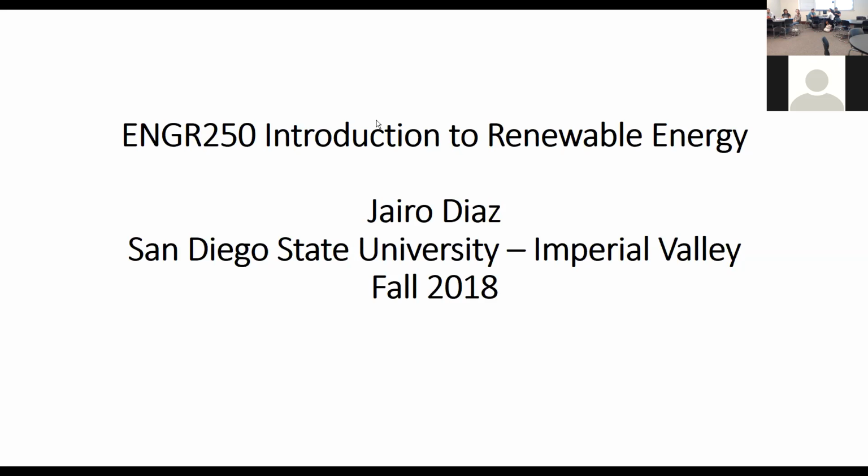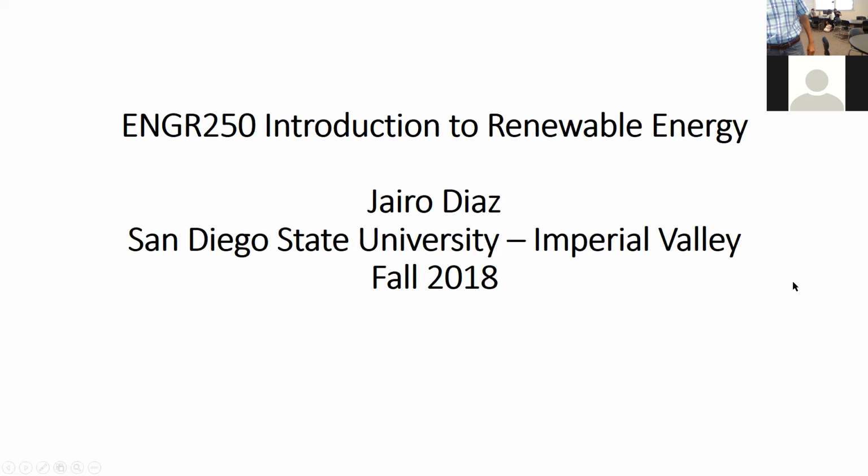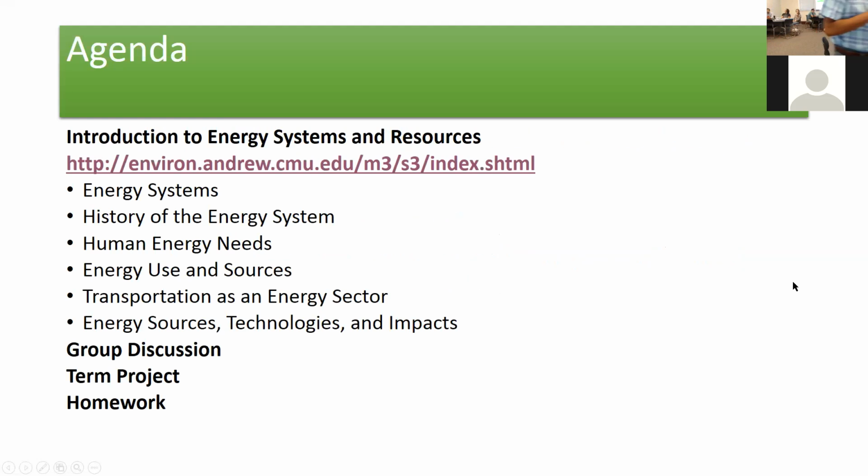Let's go through our class for today. It's gonna be an introduction to renewable energy. This is what we are gonna discuss today. We are gonna go through a background about energy systems, the history of the energy system on Earth, our human energy needs, energy uses and sources, transportation as an energy sector, and also a review of technologies and the impact of each of those energies that we use currently in our world.